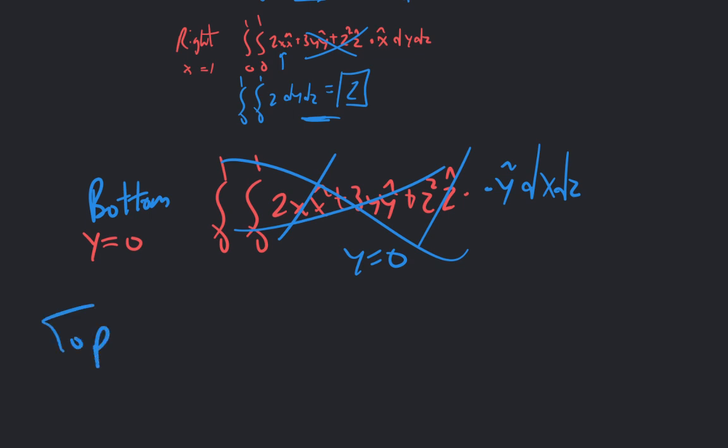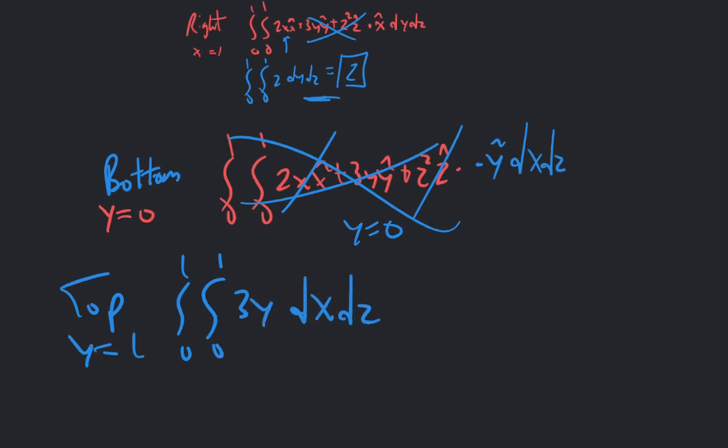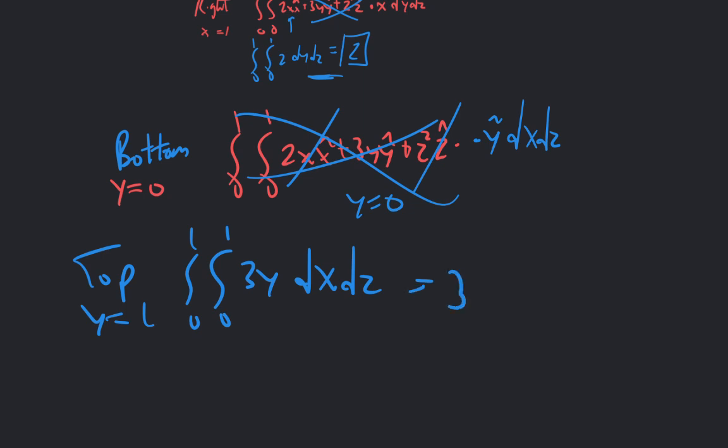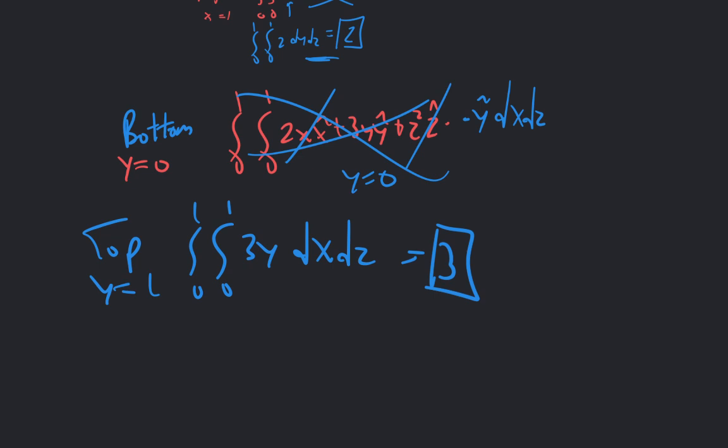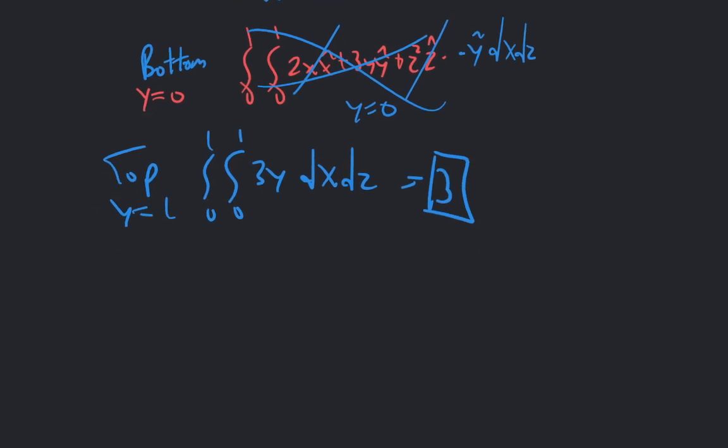Top face, y is equal to 1, so 0 to 1, 0 to 1, 3y dx dz, and that's just equal to 3, because 1 times 1 times 3 is 3.